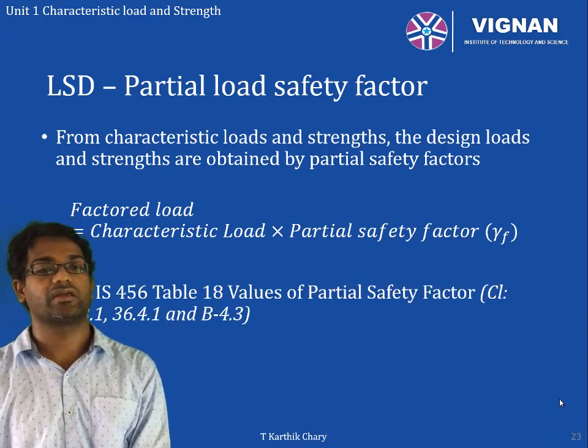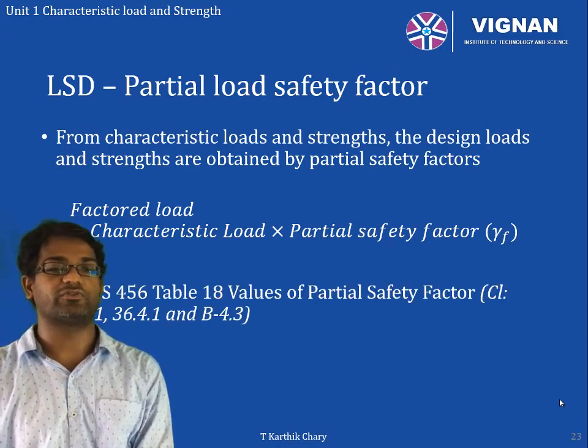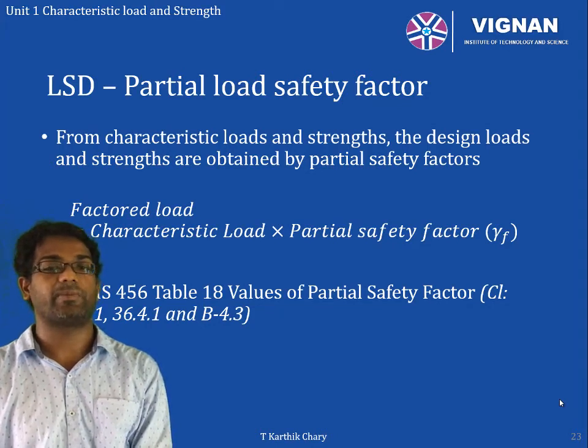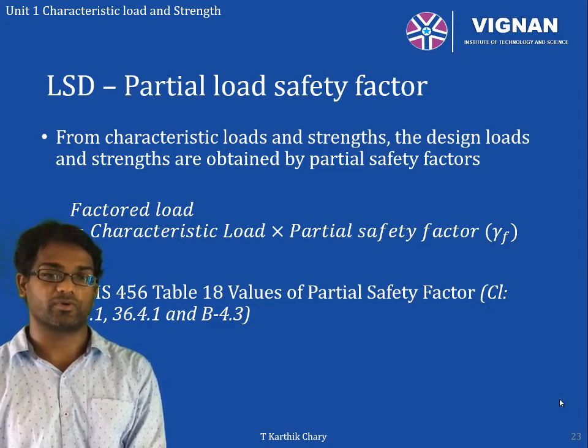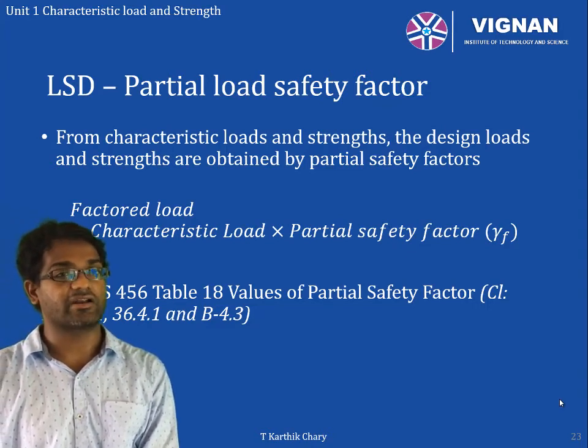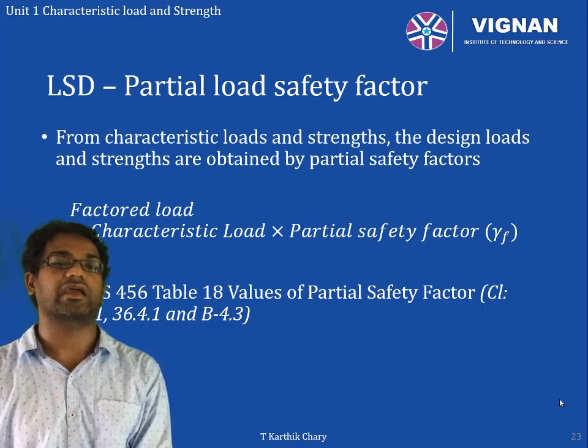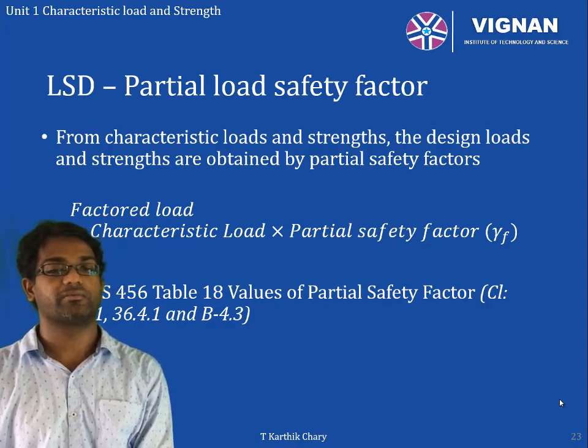With reference to IS 456, Table 18, the partial safety factor is given in clauses 18.2, 36.4 and 4.3. So I repeat, factored load is given by characteristic load multiplied by partial safety factor.